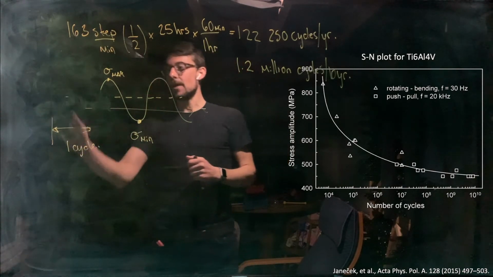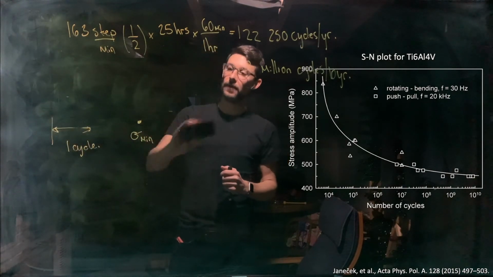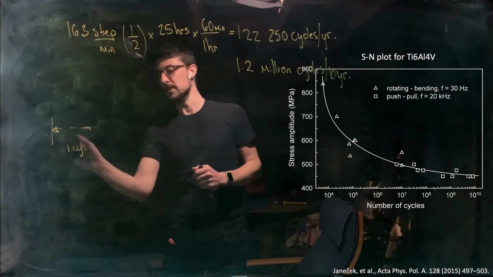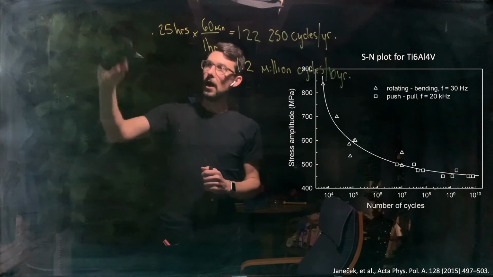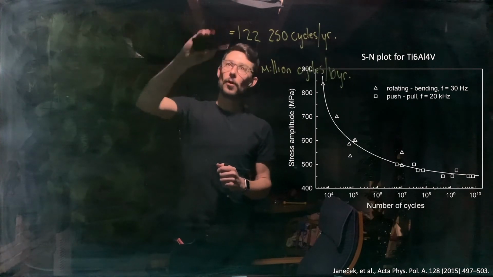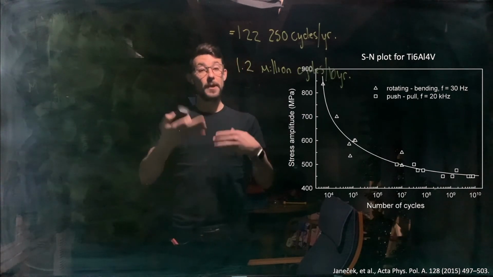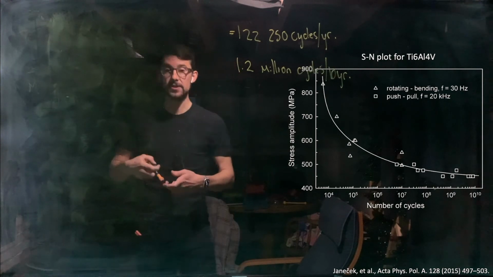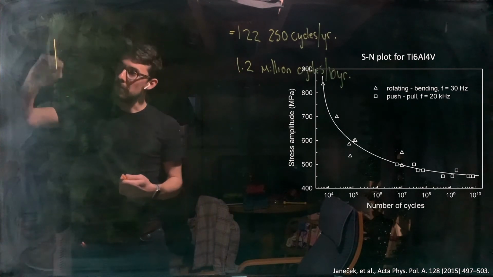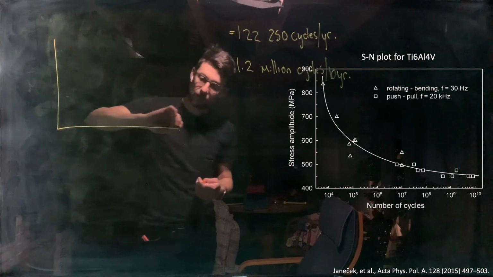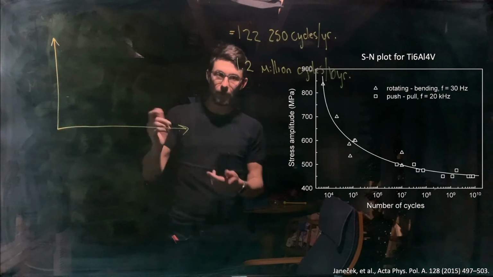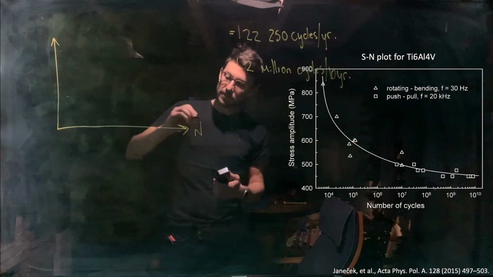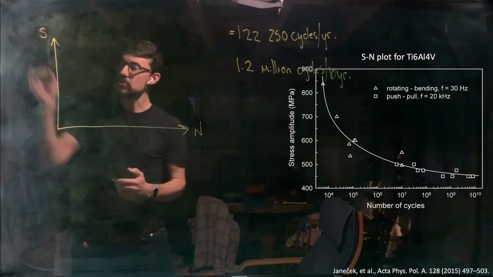And of course, a biological tissue is much different than a conventional material, because you have the potential for the body to be repairing damage that's accrued. So instead of an S-N curve as shown for the titanium alloy, here's number of cycles and stress.